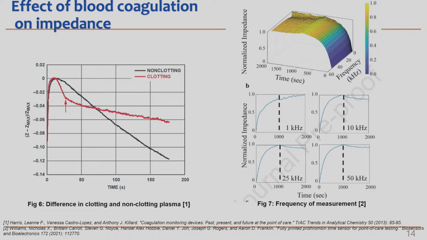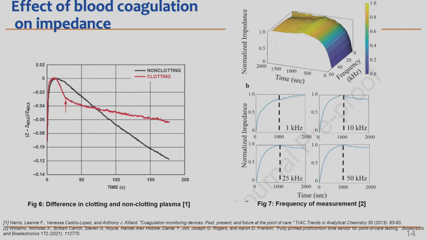The black curve is a non-clotting sample, and it shows a monotonous drop in the slope. However, the red curve, which is the clotting sample, shows an inflection at a certain point, which is the point of clotting. This is the principle by which we are able to detect the clotting time.